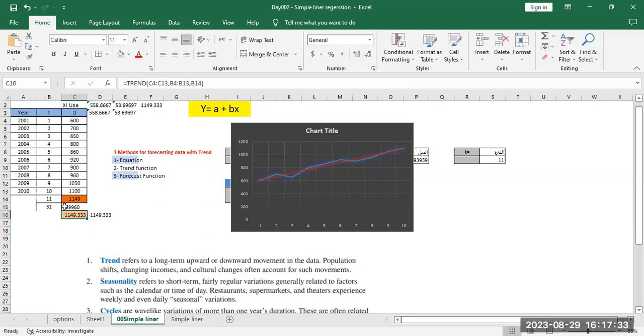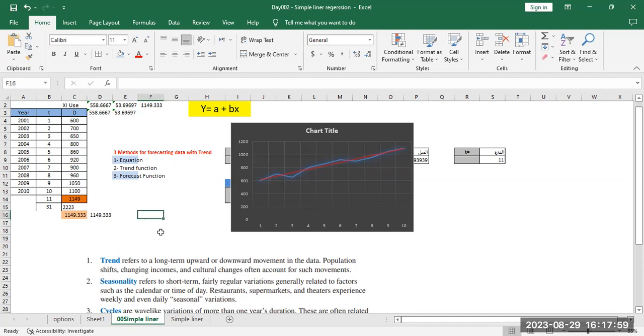You get your forecast. Maybe there is a mistake here. Yes, because we used times. It's plus, not times. Clear? So if the situation continues the same, your sales are expected to be 2,223 for the next years, exactly in 2031.